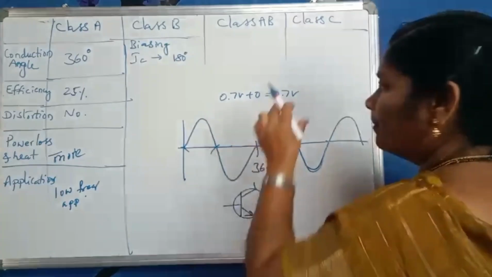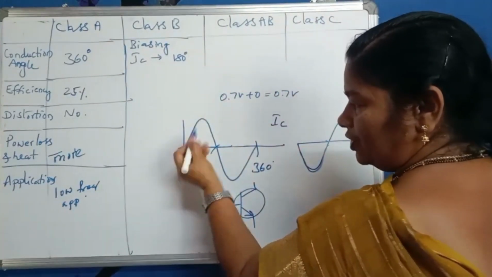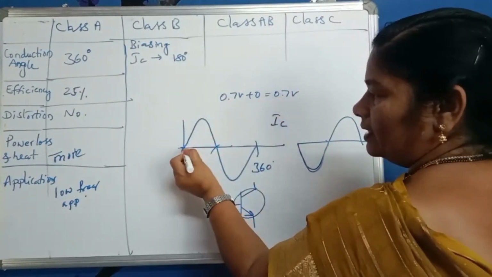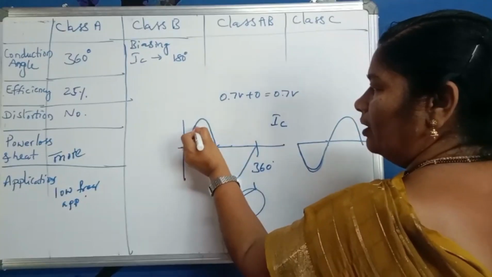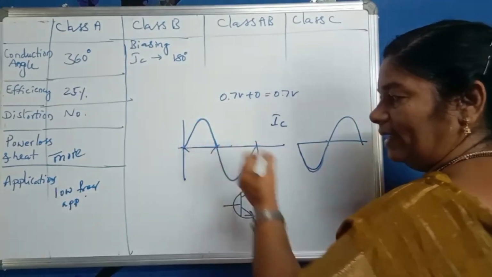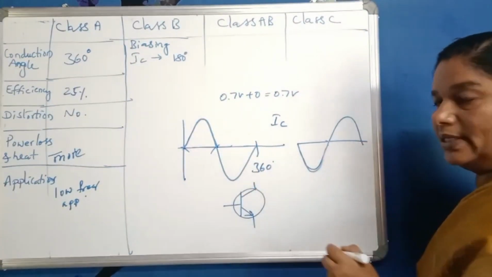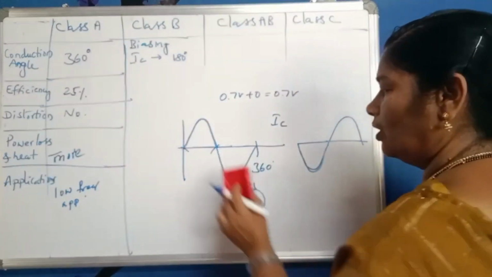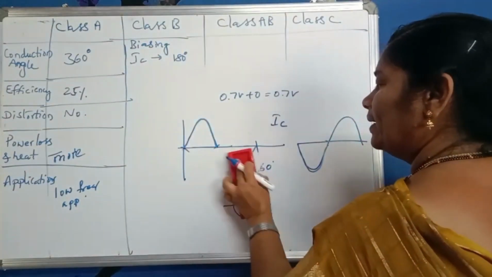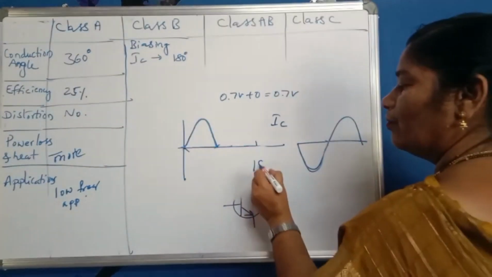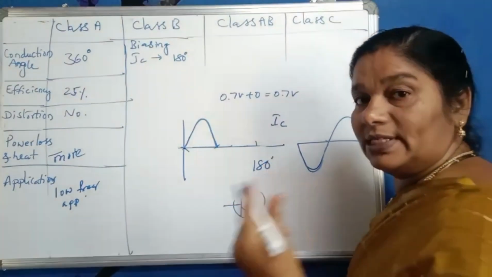Then the transistor will be switched on at 0 plus 0.7, and it will work for the total 180 degrees of the input signal. Then it will be switched off. So the collector current IC flows for 180 degrees of the input signal.